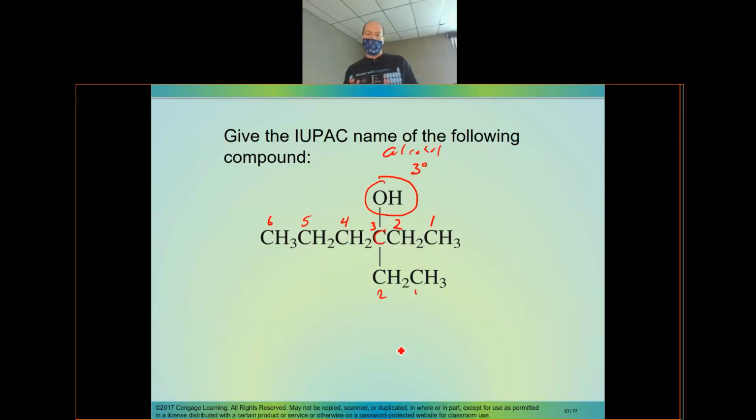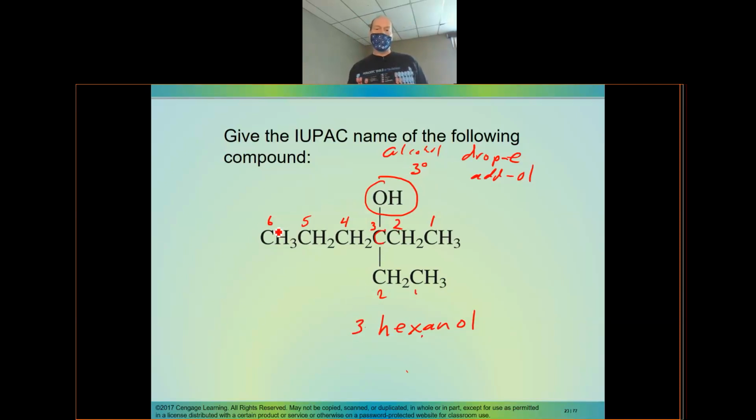And so the base name there is a hexane. But we have an alcohol, which means that we're going to drop the E and we're going to add OL. So we have a hexanol. All right, and then we have to give the lowest number for the carbon that contains the OH, and that is a 3.